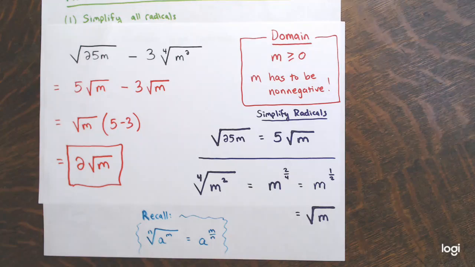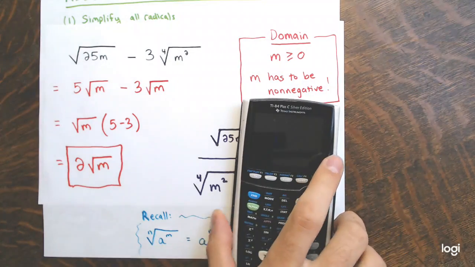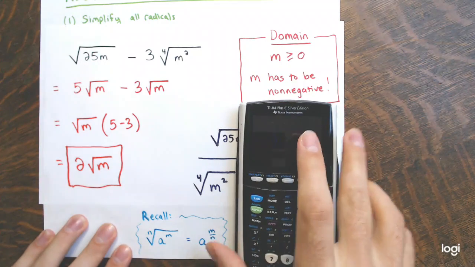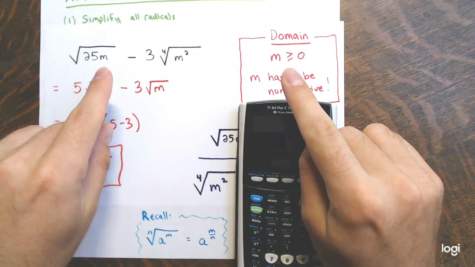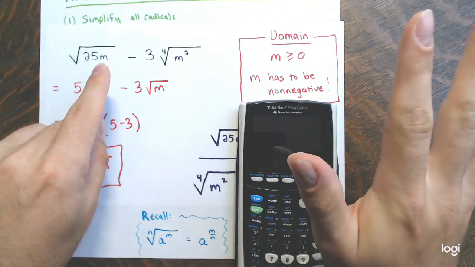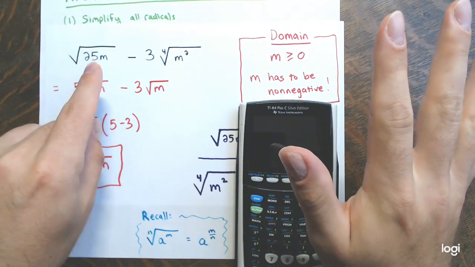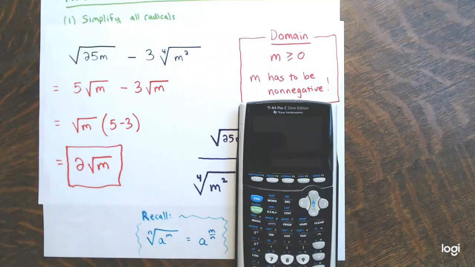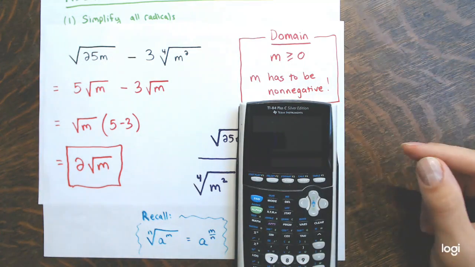All right, so what I'm going to do is, again, a little test. I like to do a little test. Remember the domain this time though. I can't plug in negative numbers. Don't try negatives because your calculator is going to come back saying error, non-real, because of this first one, you'd have the square root of a negative, and that's not a real number. So plug in any non-negative number.